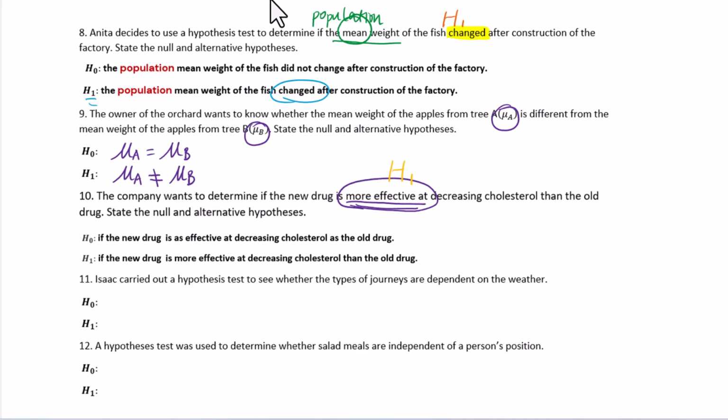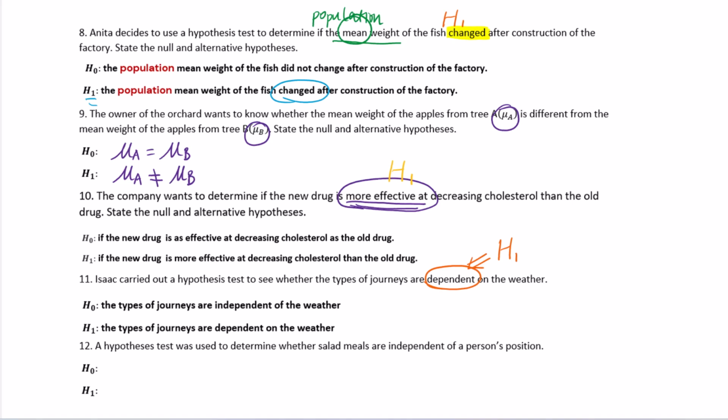Isaac carried out a hypothesis test to see whether the types of journeys are dependent on the weather. Dependent on, this is the keyword for H1. So H0 will be the types of journeys are independent of the weather. H1 will be the types of journeys are dependent on the weather.